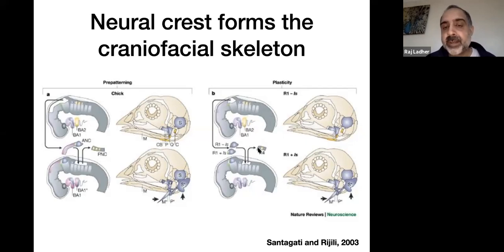So rhombomere 4, which should form part of the hyoid structure, you can move anteriorly, and that will be incorporated very nicely within the existing mandibular arch. And so there's a certain amount of pre-patterning, there's a certain amount of plasticity that exists within the jaw, and it depends on which exact component we're thinking about.